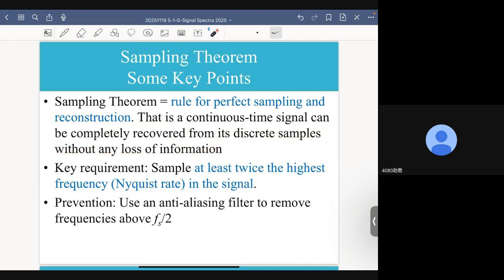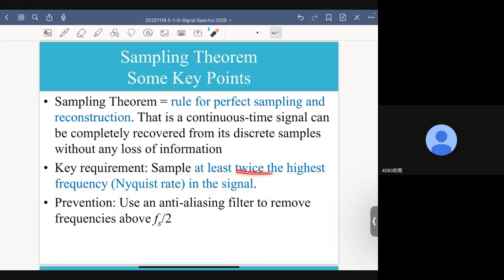So that means one of these days, if I want, I can recover everything of the original analog or continuous time signal without any loss of information from my digital records.